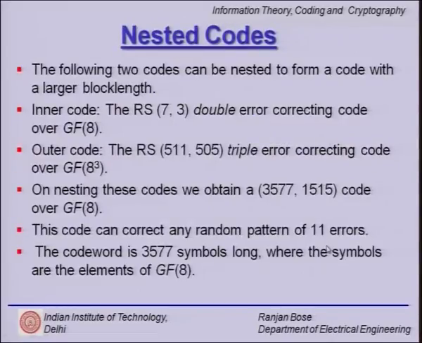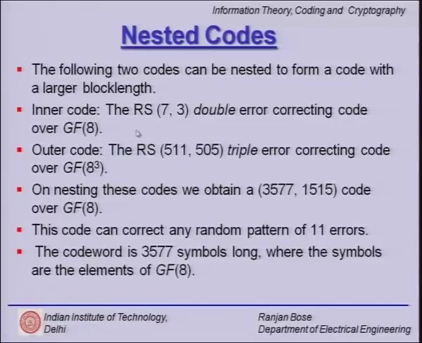So, let us look at some examples. Suppose we have an inner code, the RS(7,3) double error correcting code over GF(8), and we have an outer code, the Reed-Solomon (511,505) triple error correcting code over GF(8^3).